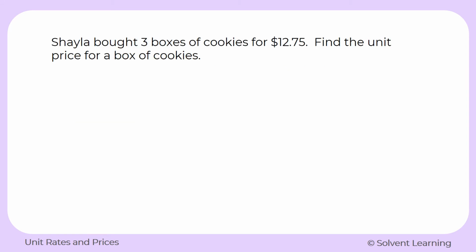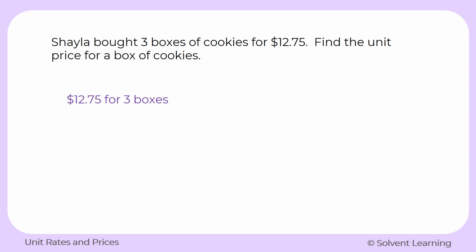Shayla bought 3 boxes of cookies for $12.75. Find the unit price for a box of cookies. We can also think of this problem as asking us to find the cost of 1 box of cookies, because that's the same thing as a unit price for a box of cookies. So let's set this problem up based on the information they give us.